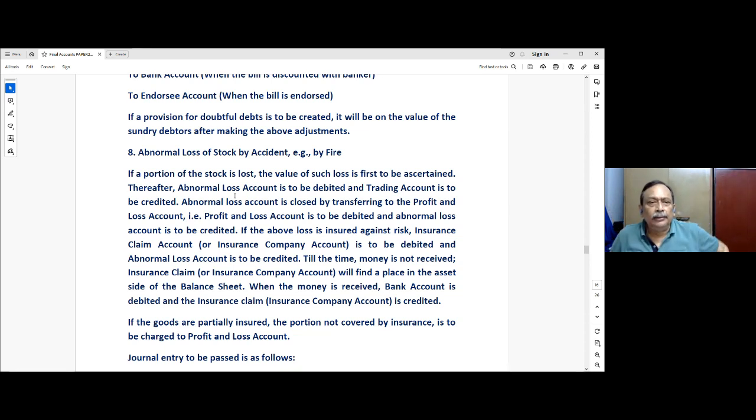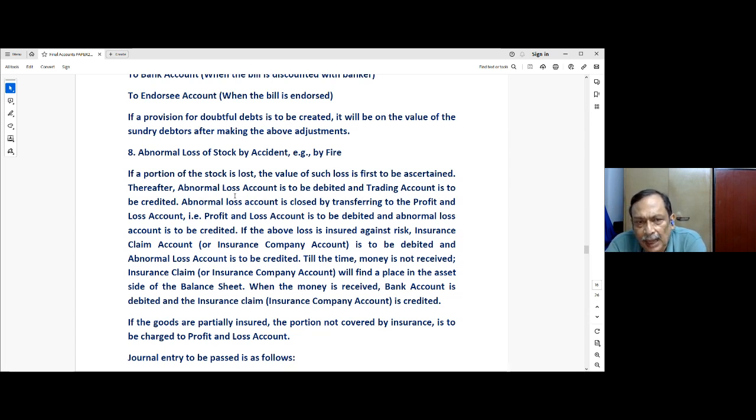Now we are discussing abnormal loss of stock by accident, that is by fire. It is a very, very important adjustment, and you have to learn it by heart because this will be required in your intermediate level also. If a portion of the stock is lost, the value of such loss is first to be ascertained.